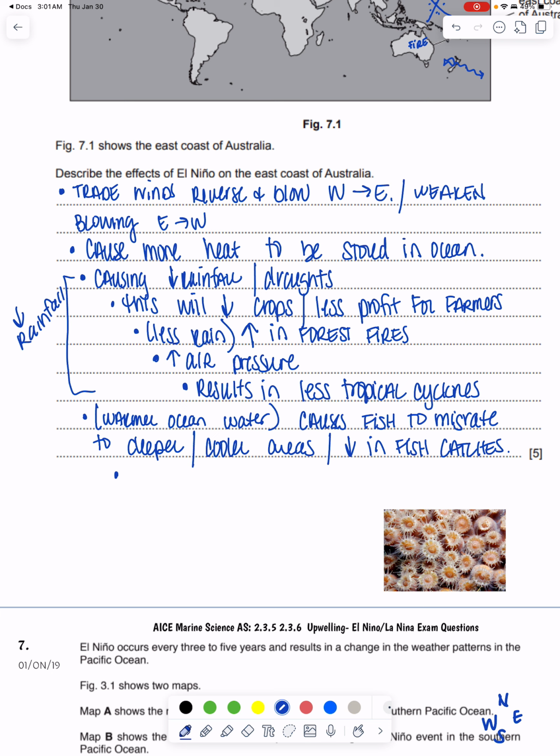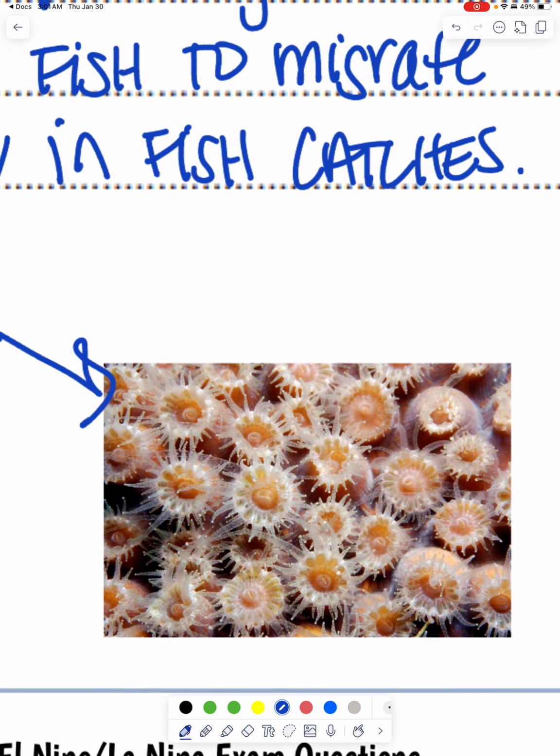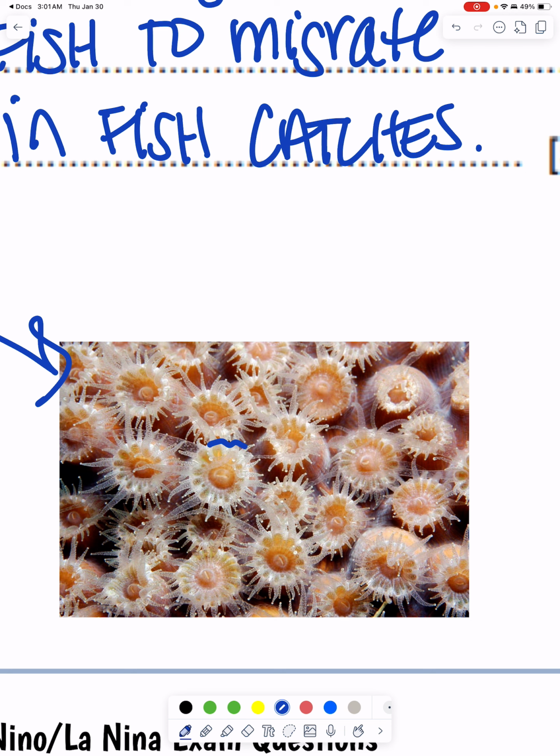That warmer water will have an increase in coral bleaching, like off the Great Barrier Reef. What does that literally mean? It means we're going to have death within like our coral polyps. A coral polyp is one individual.